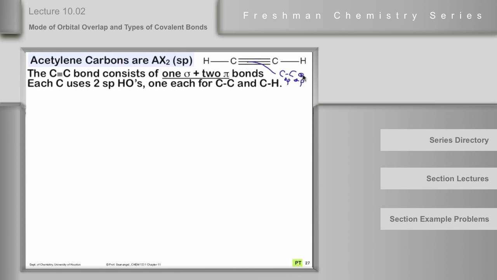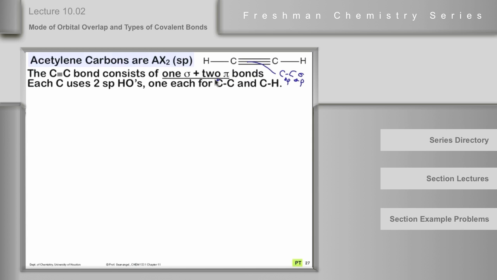Head-on overlap, a single component to this triple bond. We have a triple bond. The Lewis dot structure tells us it has to be triple, otherwise we don't have an octet. Okay? Carbons don't like it when you don't have an octet.